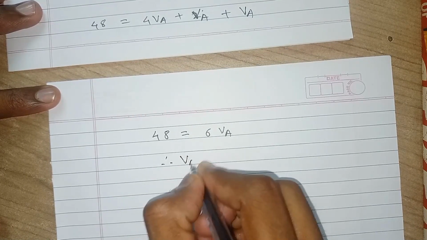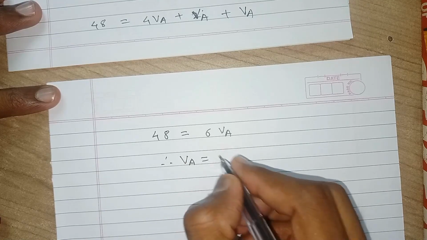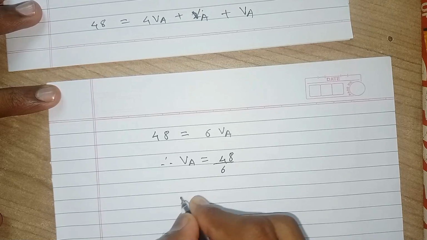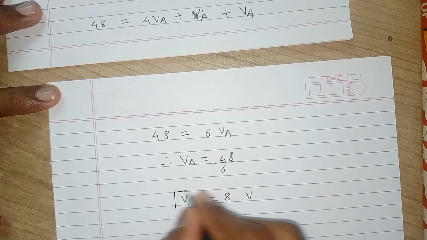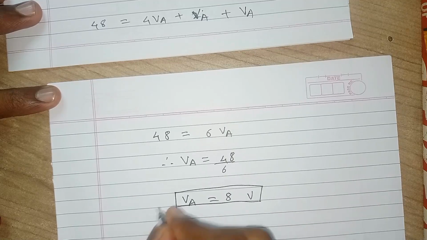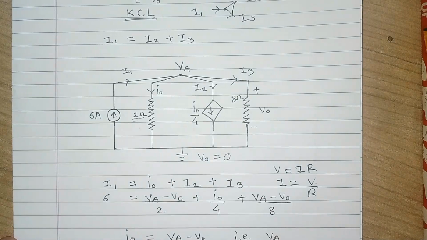Therefore, VA will be equal to 48 by 6. VA will be equal to 8 volts. We have found the value of VA. VA is the voltage at this node.